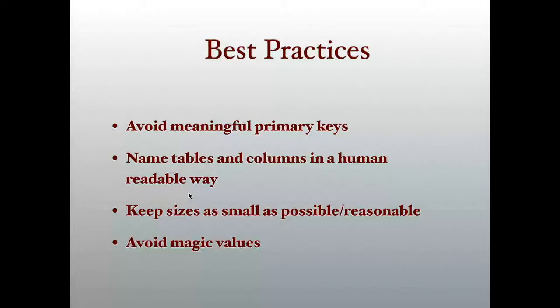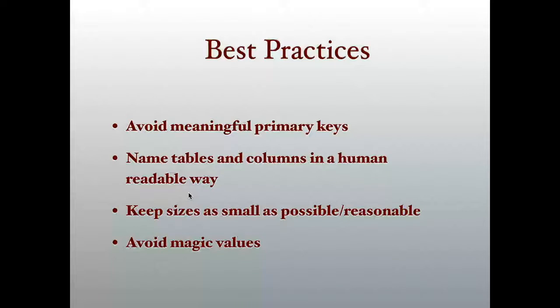Avoid magic values. You should be able to look at your database, look at the data, and figure out what stuff is. This has a little to do with normalization. Let's say I've got a ticketing system and I've got a status there. If I store 1, 2, 3, 4, 5 depending on what the status is, that is meaningless to me as a human being. I have to be able to look up somewhere what those statuses are.